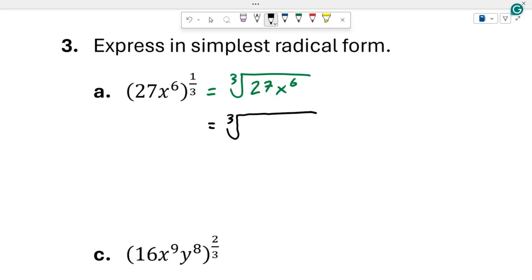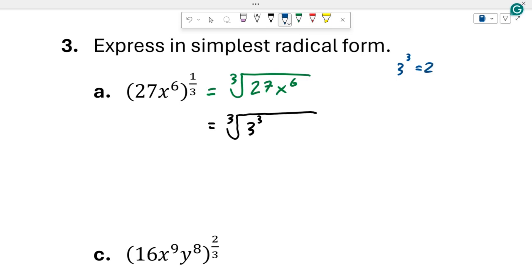I'm going to take each of these factors and see if I can chunk them in groups of 3, something times something times something. The first number I have is 27. This works out quite nicely because 27 is 3 cubed. Those are equivalent statements.